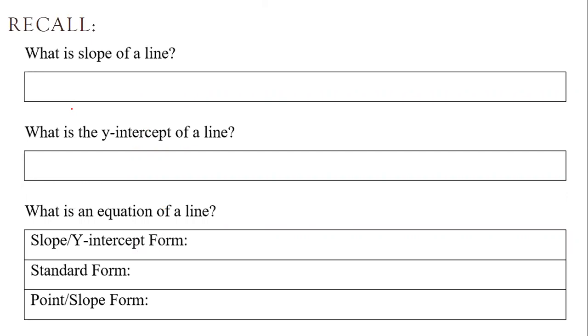The slope of the line is m. What else? What are other ways you remember it? It's y2 minus y1 over x2 minus x1.